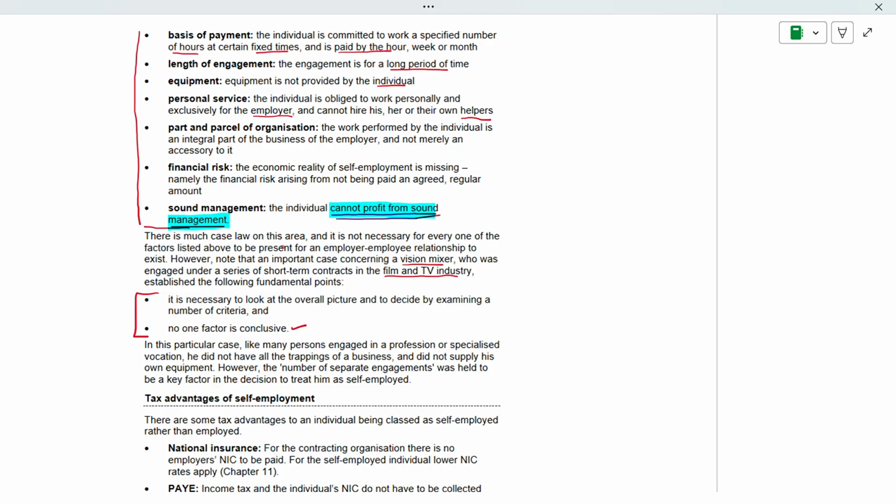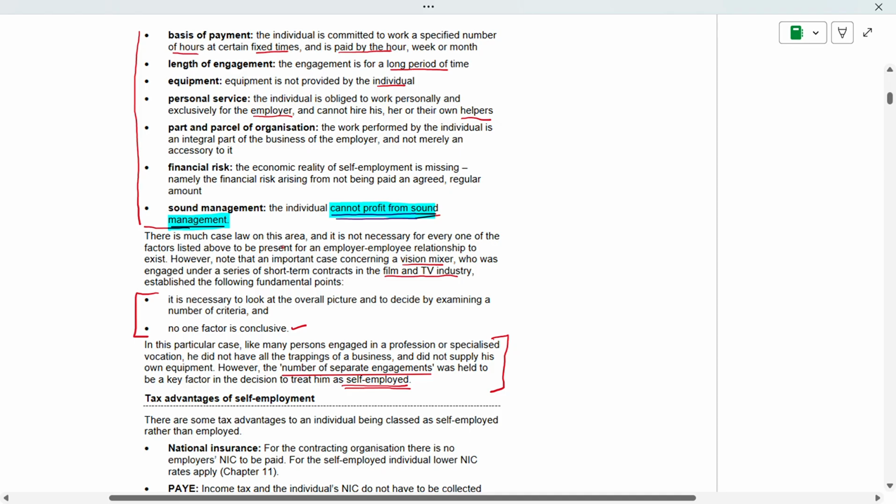However, the number of separate engagements, subcontracts, you can put it like this, was held to be a key factor in the decision to treat him as self-employed. See, this is only a one-time reading. Understand my point?